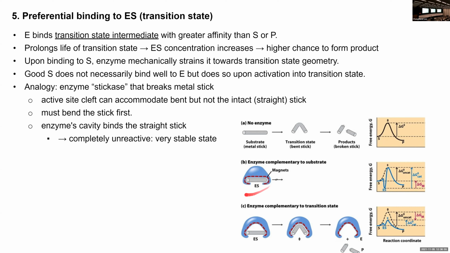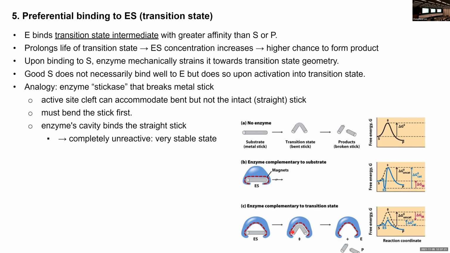So instead, the preferential binding of the ES complex would be binding to this transition state, which is a bent stick. So let's say that your enzyme looks like this, and your active cleft resembles this transition state. Then the original form, which is a straight stick, will get in there and will be bent naturally because of the magnets there, right?